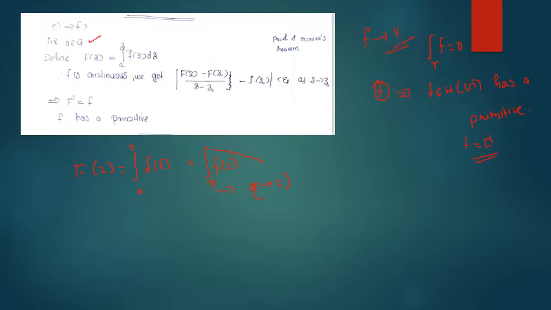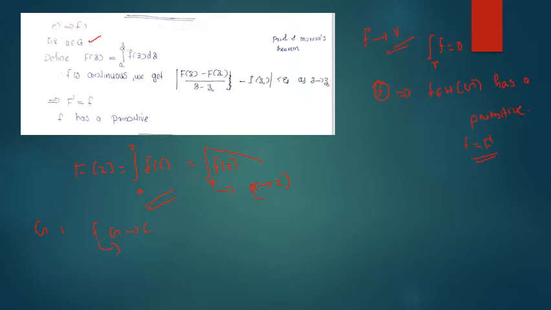So we define capital F(z) as the integral from a to z of f(z). Now, since G is simply connected and f from G to C is an analytic function on G, then f has a primitive. This is a theorem.